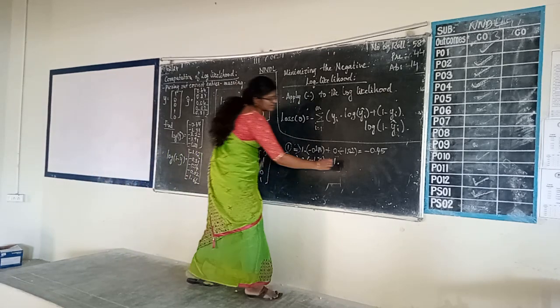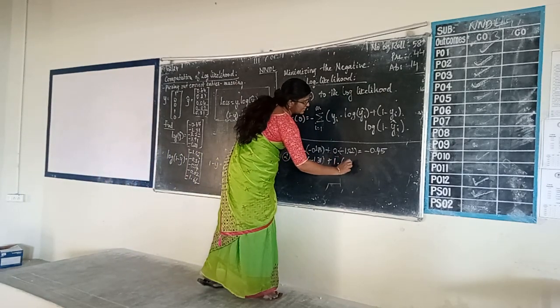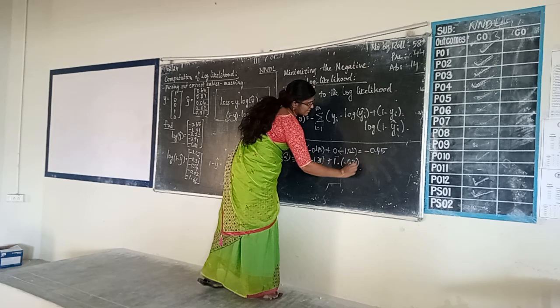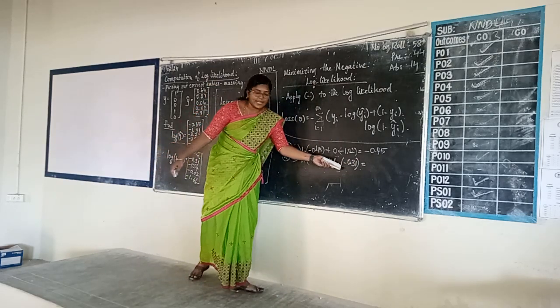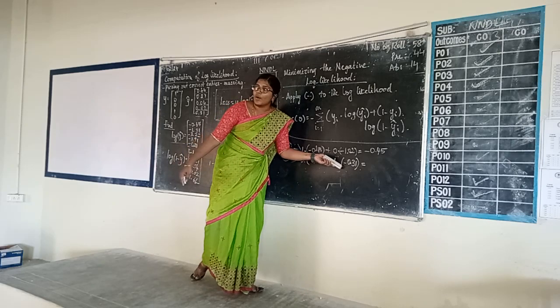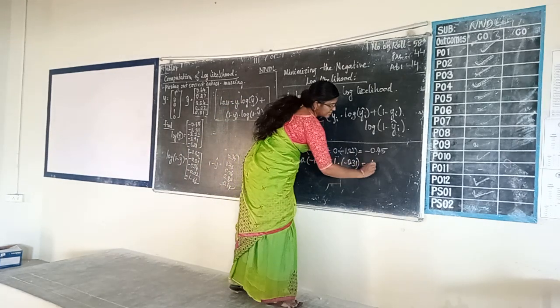The first term becomes 0. So you will be getting minus 0.31.